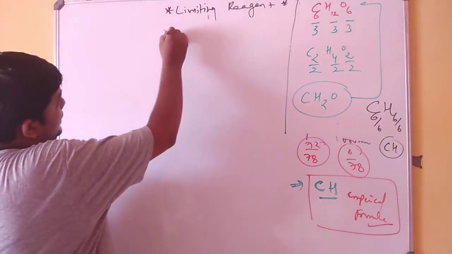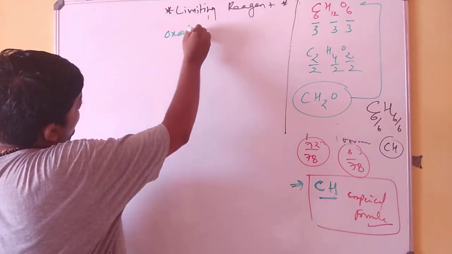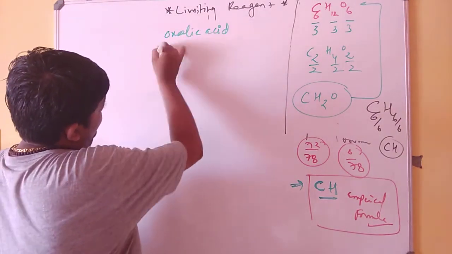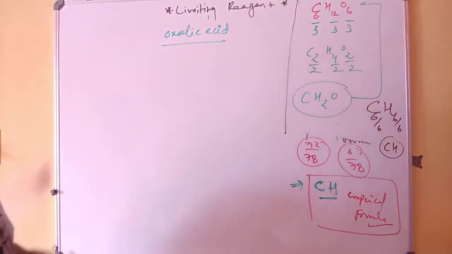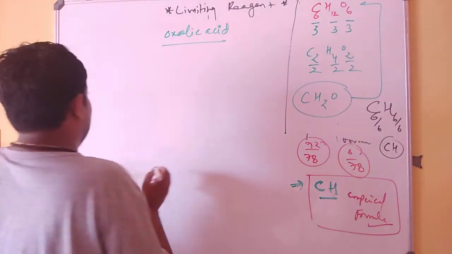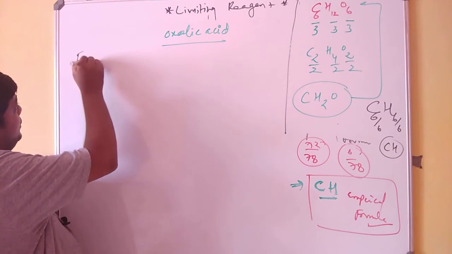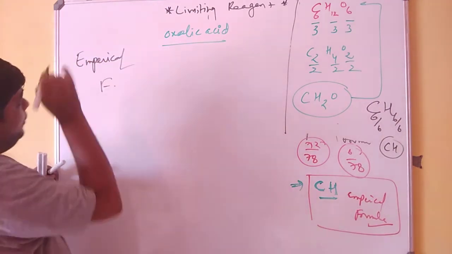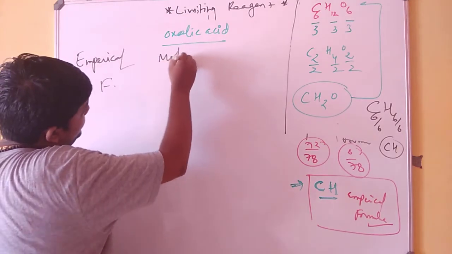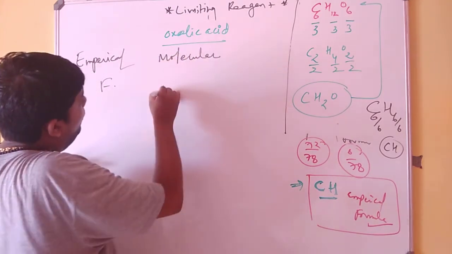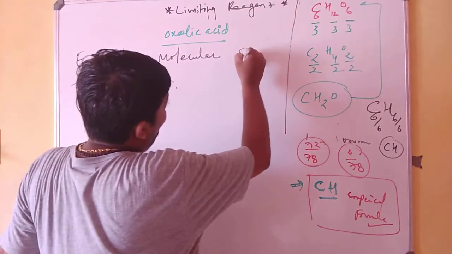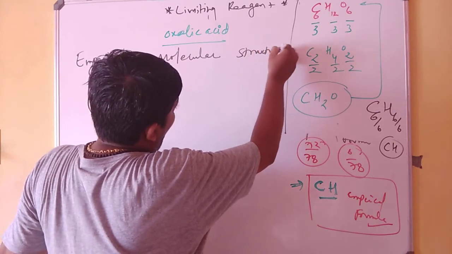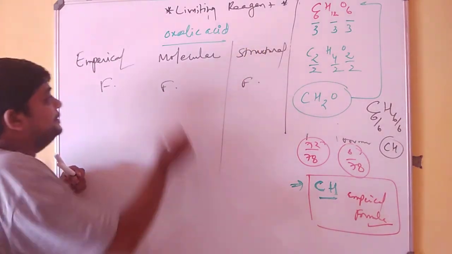If someone asks me, what is the empirical formula for oxalic acid? First of all, I should know the structural formula for oxalic acid. So today I am going to help you learn 3 things: empirical formula, molecular formula, and structural formula.